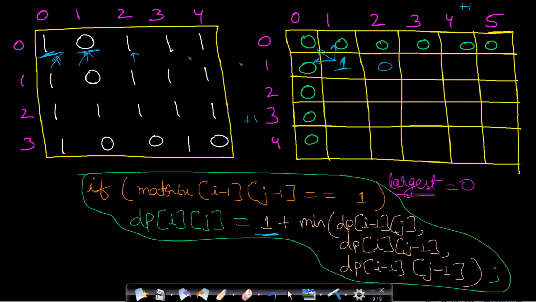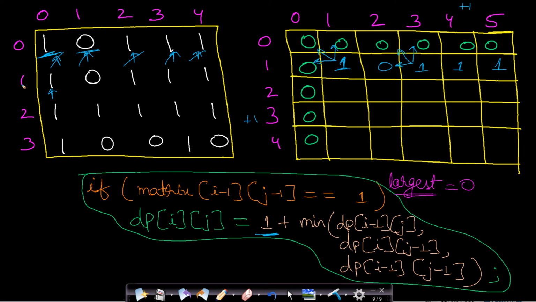When you have 1, then you will see all these three directions, take the minimum and add 1 to it. So in this case, at least one direction is having 0, so you will add 1 and it will be 1, indicating that this cannot extend the square matrix in these three directions. So you have the next one. This will also be filled by 1, this will also be filled by 1 similarly.